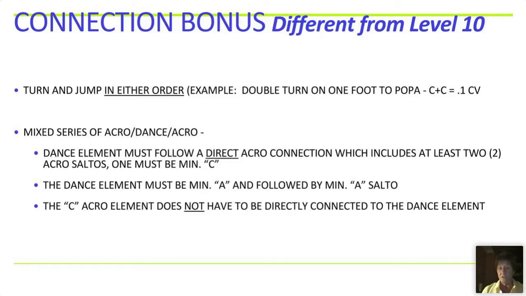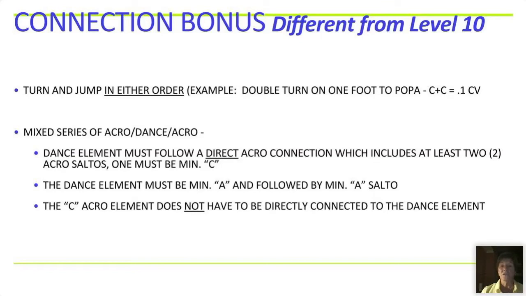And the other differences in mixed series are the Acro-dance-acro. That is, a dance element must follow a direct acro connection which includes at least 2 acro saltos. One must be a C. So if they have 2 directly connected acro saltos and then do a dance element, which is a minimum A, and then follow it with a minimum A salto, that whole pass gets an extra 10th bonus.